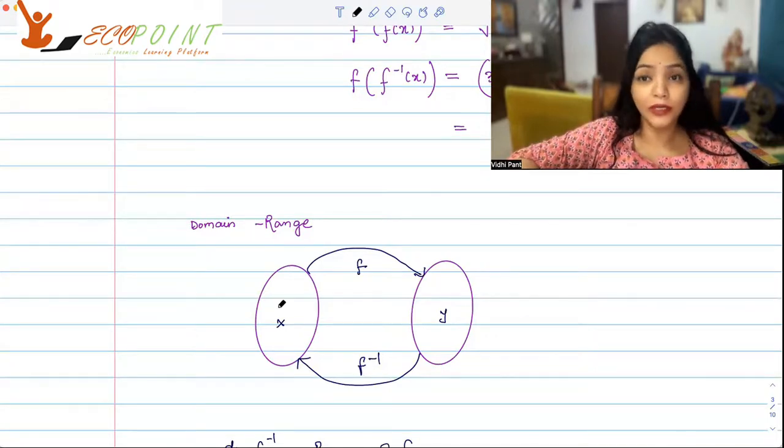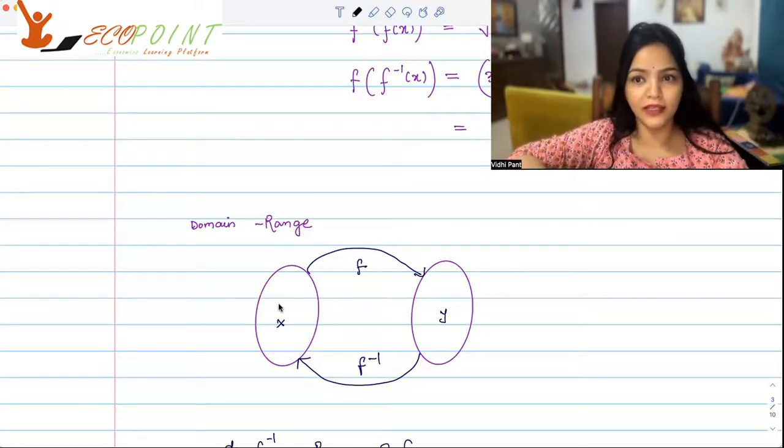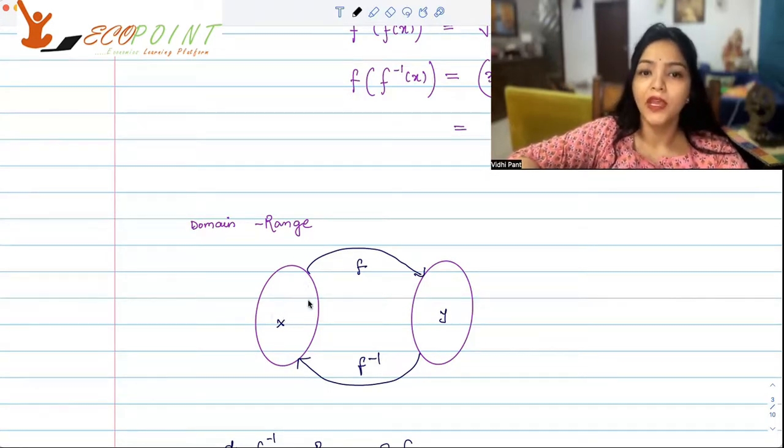Let me give you a quick recap of domain and range when it comes to inverse. So you have a domain of f, you have a range for f. What about f inverse? Remember, we've done this before. So f is a function, say, from A to B. Now, assuming that B is actually the range for f.